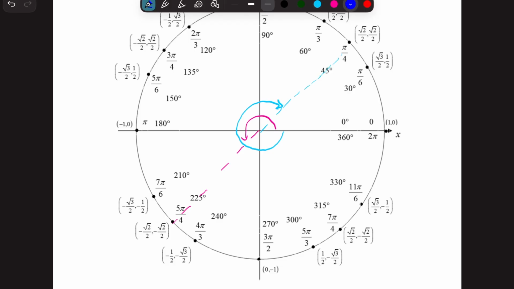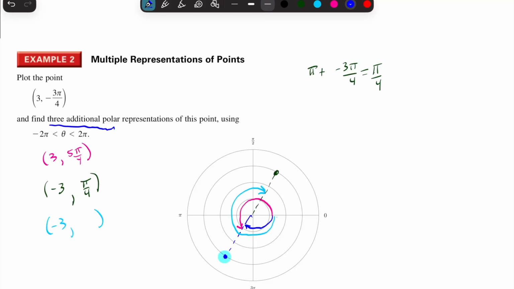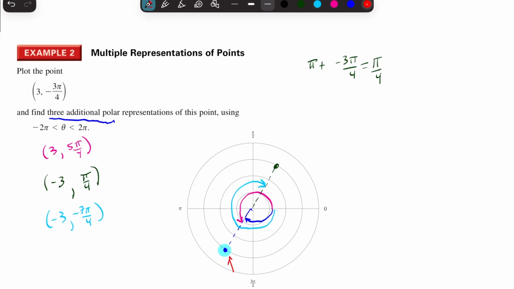So think about where that would be in the positive direction. That would be 7 pi over 4 here. But we're going in the opposite direction, so that's going to be negative 7 pi over 4. So we have 3 comma negative 7 pi over 4. And those all get us to that exact same point in space right here.